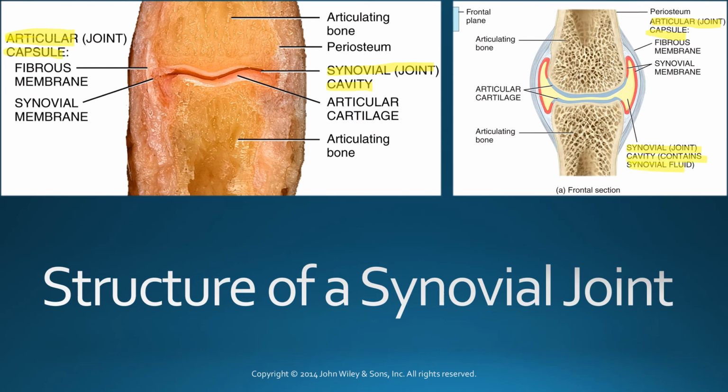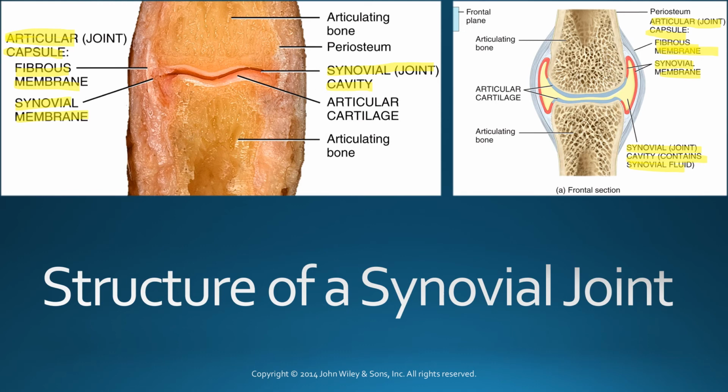This articular capsule also unites the articulating bones. The articular capsule is composed of two layers. We have an outer fibrous membrane, which you can see better in this diagram, and then we also have an inner synovial membrane.